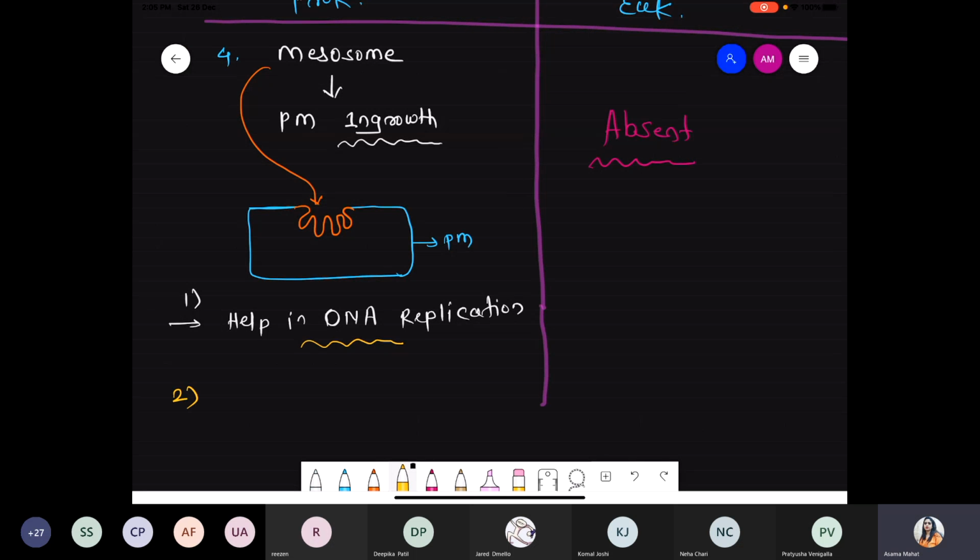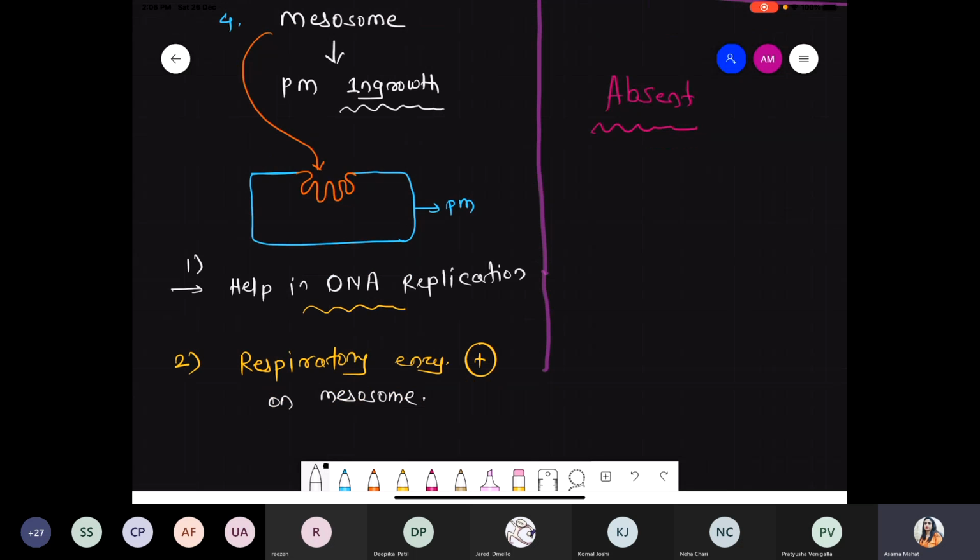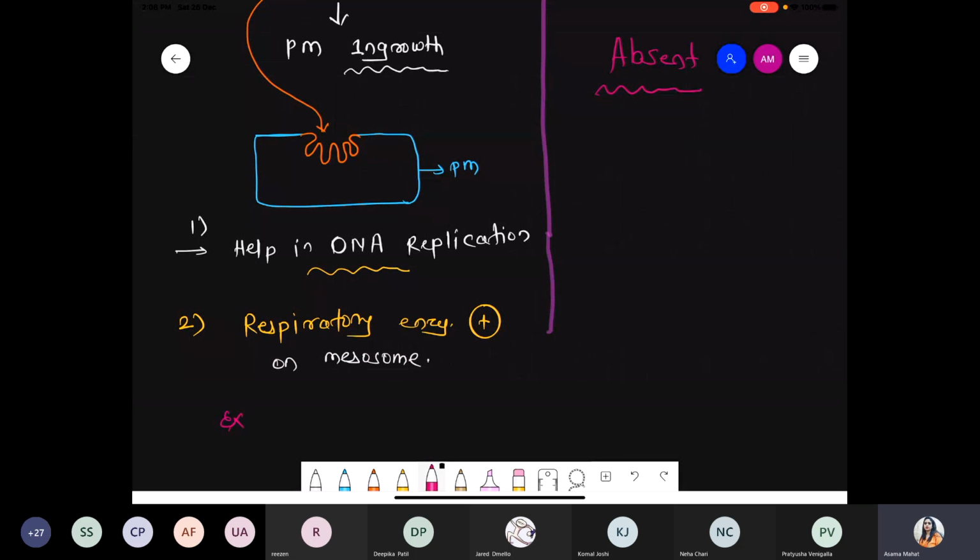Another one, further we discuss some respiratory enzymes also. Respiratory enzymes are also present on mesosome because again mesosome provides surface area and an attachment site. If you want, you can write some examples like the enzymes involved during the ETS system, that is electron transport system.